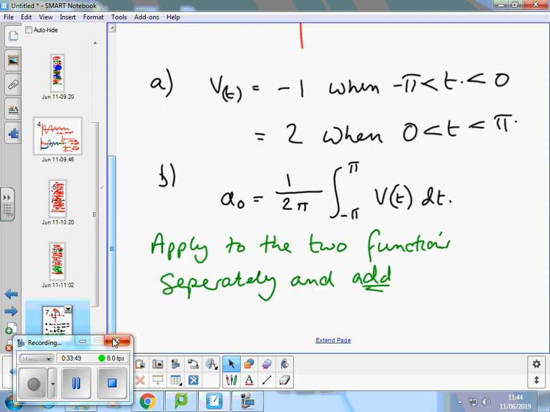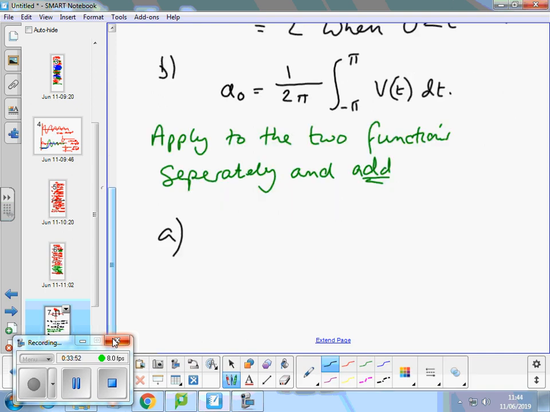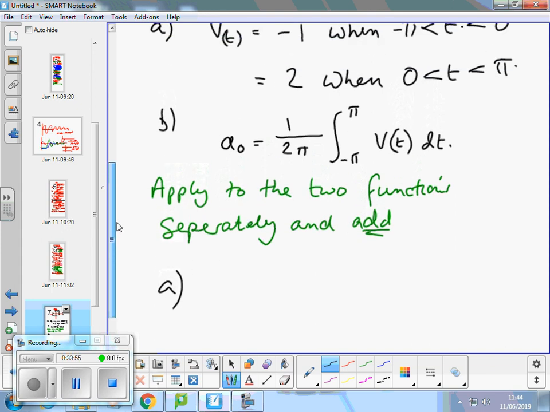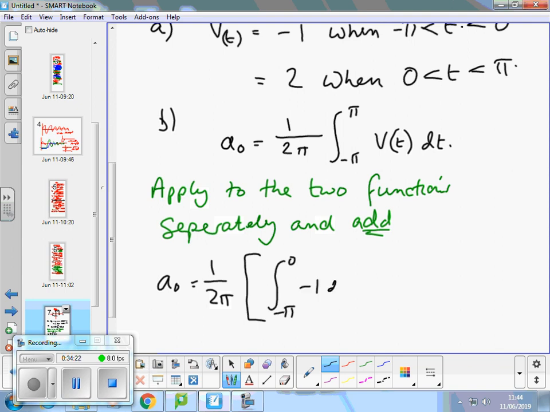So effectively what we're saying here is A0 is equal to 1 over 2 pi times, so we can keep that constant outside some brackets, the integral between 0 and minus pi of minus 1 dt plus the integral between 0 and plus pi of 2 dt. Close the brackets.